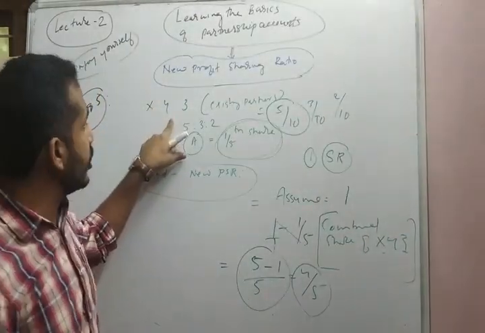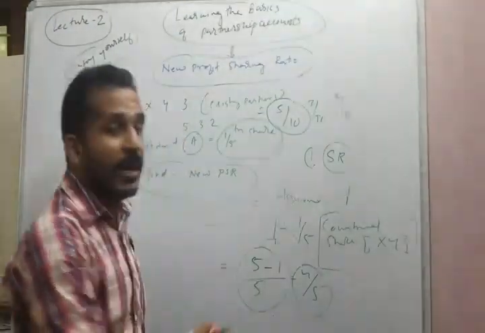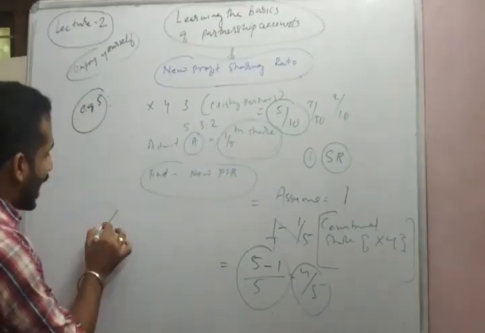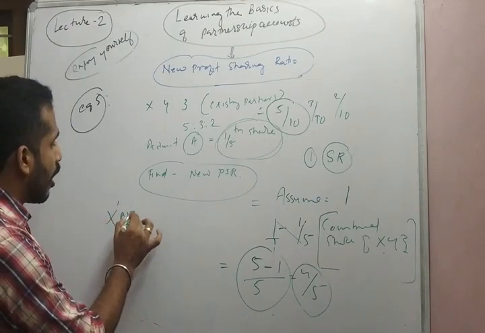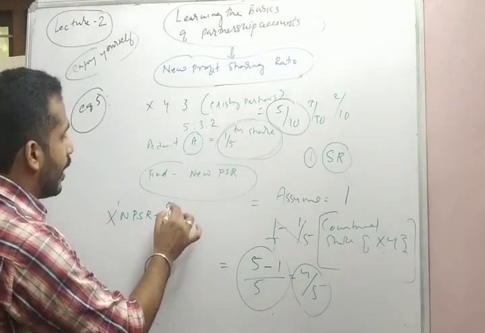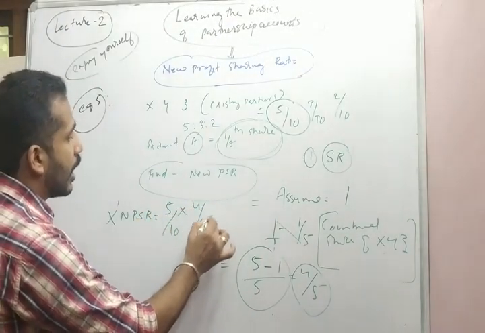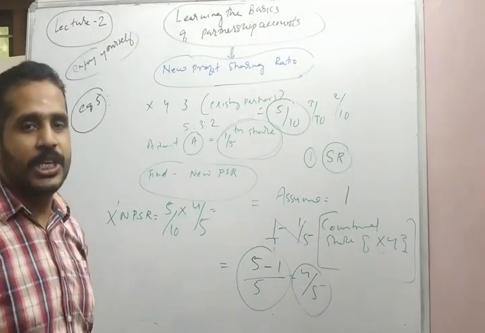And out of the old share of Z, 2 by 10, the remaining part is 4 by 5. Which means that X's new profit sharing ratio is 5 by 10, the old share, out of which 4/5 part is the new share.